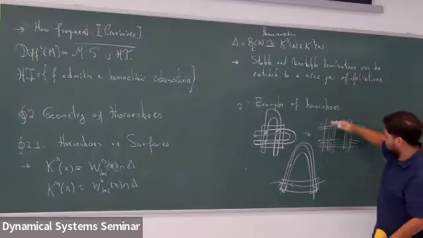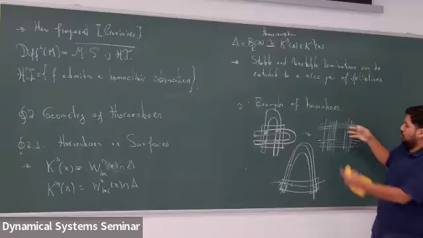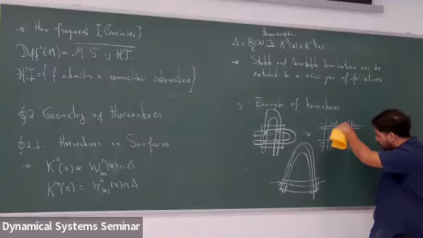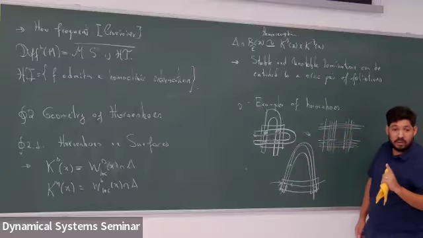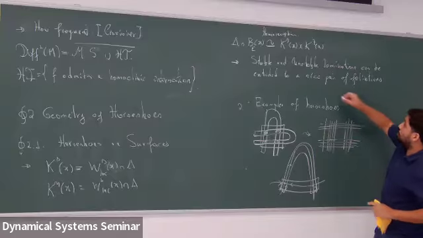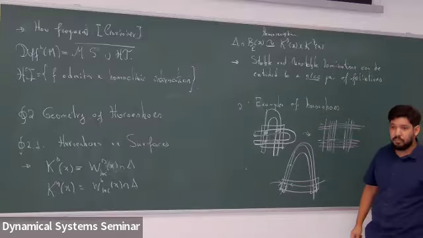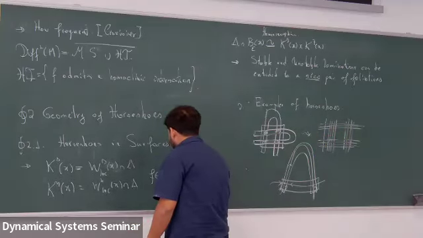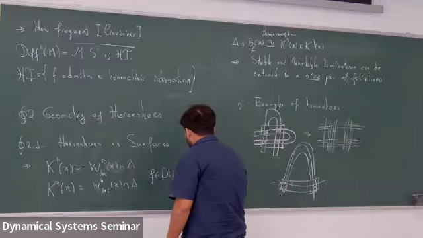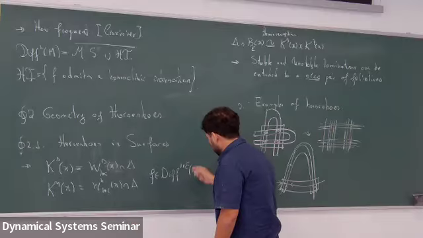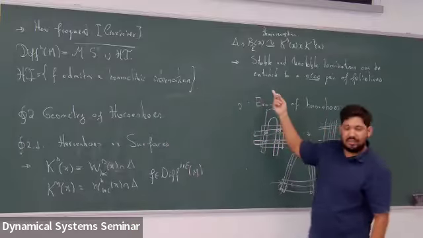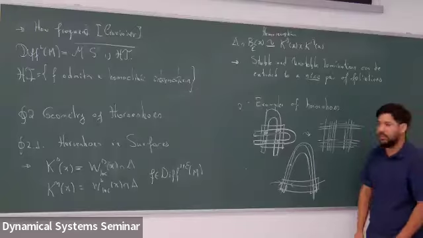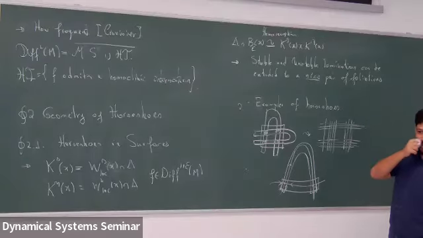Meaning that now you don't have only these lines that pass through points in the horseshoe, but a nicer pair of foliations. They are not invariant anymore, that's a good point here. But by nice I mean that they are at least C1, and C1 plus epsilon. For that I need the diffeomorphism to be C1 plus epsilon. Then you can ensure that these guys are C1 plus epsilon prime. You lose a little bit in the process, but you have a very nice pair of foliations.